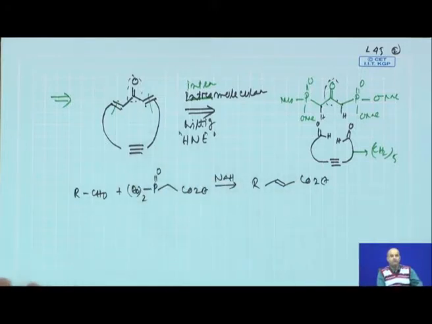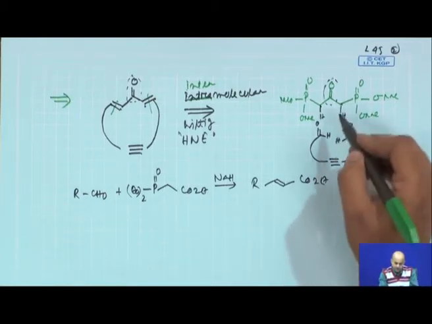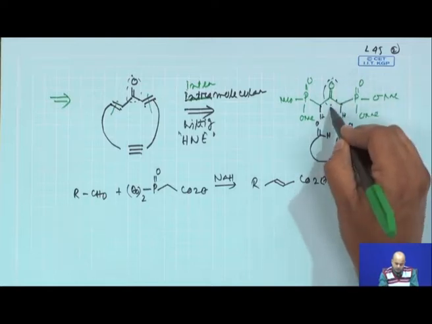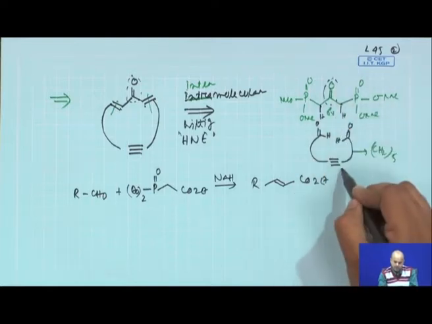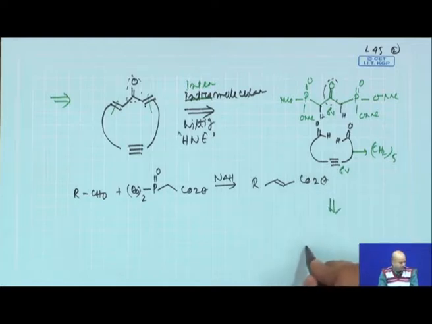So this way basically you can do the synthesis. Now, coming to your remaining part. See, this molecule is a sigma V, this molecule is a sigma V. So symmetry was maintained.